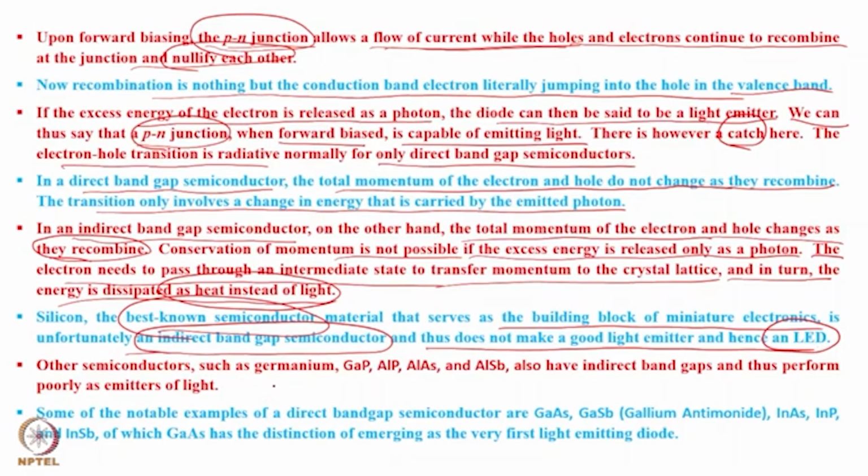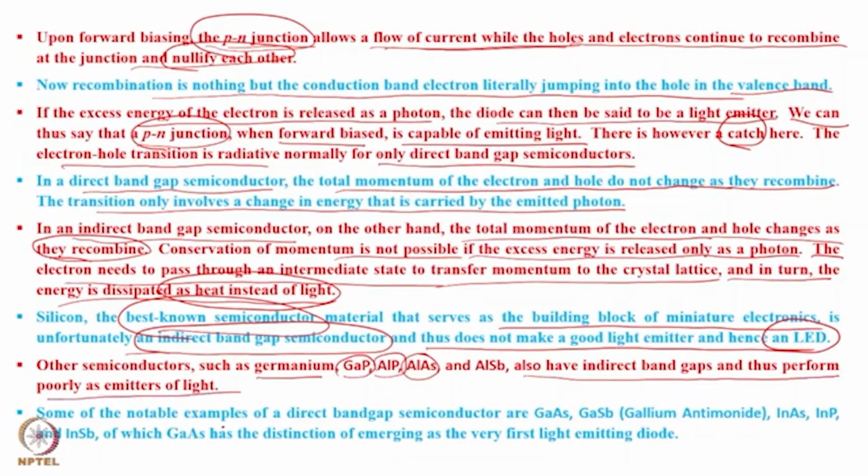Other semiconductors such as germanium, gallium phosphide, aluminum phosphide, aluminum arsenide also have indirect band gaps and thus perform poorly as emitters of light.